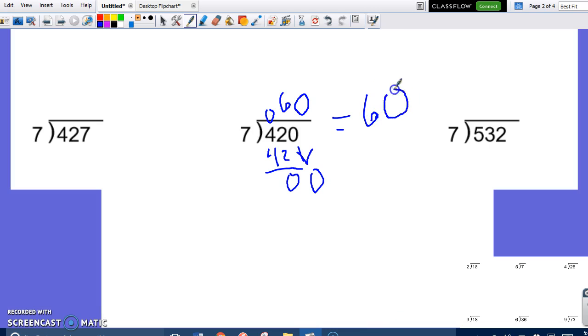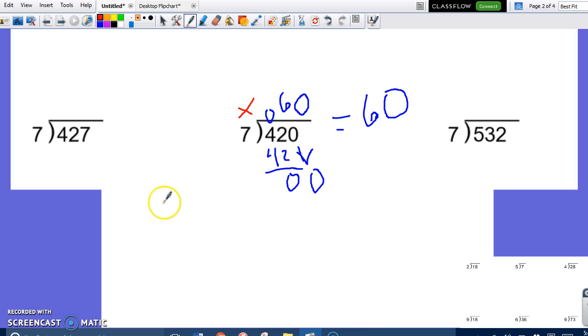If you're not sure if you're correct, you can always look at the multiplication chart and find out. So if this is correct, then we should look at the multiplication chart like this. 7 times 60, right, should give us this.